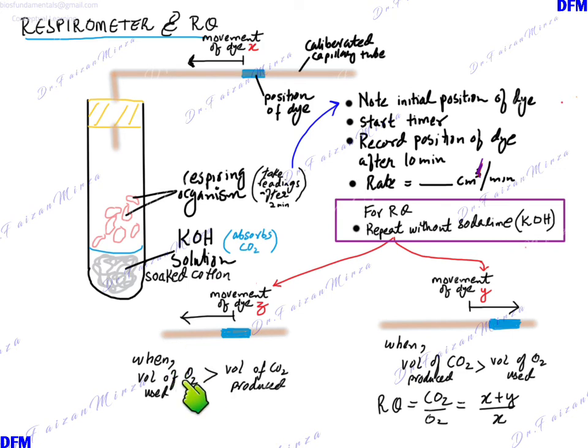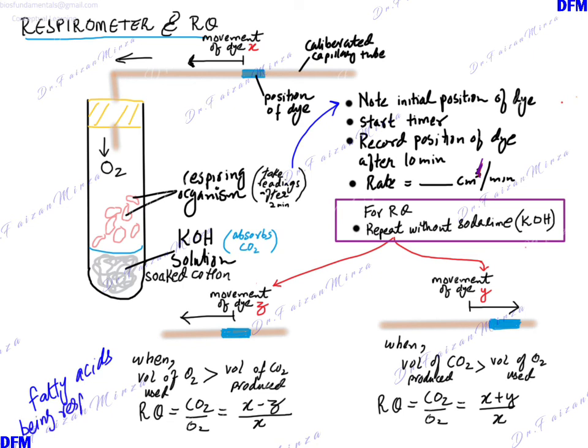So if the dye moves inwards in the absence of potassium hydroxide, it means the volume of oxygen used is more and the volume of carbon dioxide produced is less. Once I have these, I can calculate RQ as CO2 upon O2. In this case, it will be X minus Z upon X, and X plus Y upon X in the other case. These are just simplistic mathematical manipulations of this.